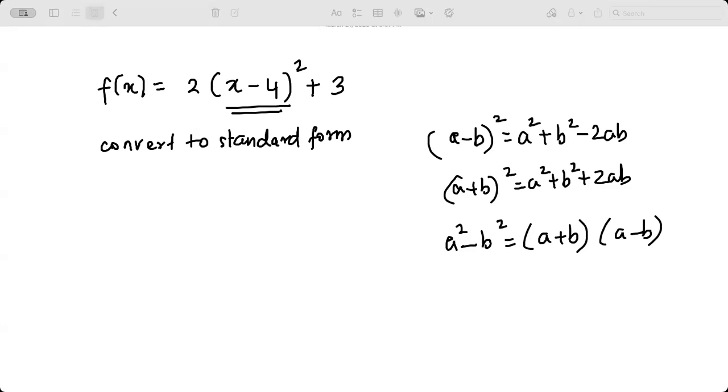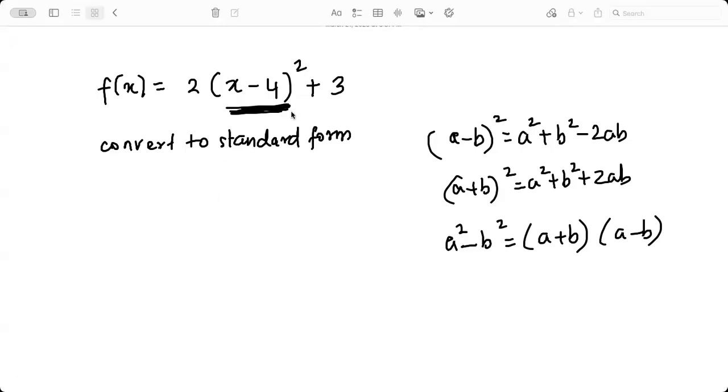F of x is equal to 2 times x minus 4 the whole square plus 3.